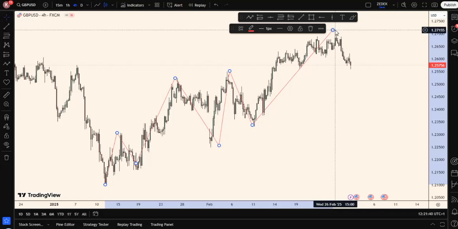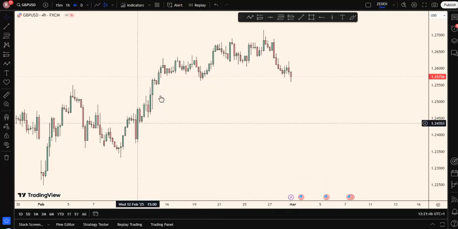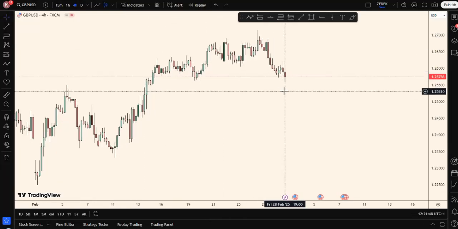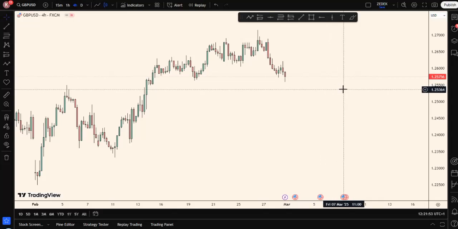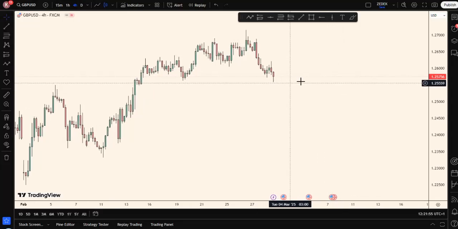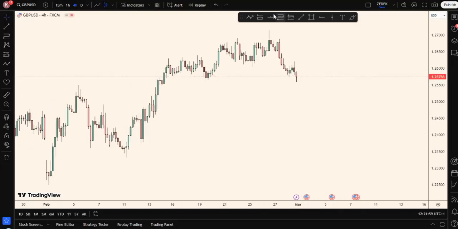So what I now want to do is that instead of taking this structure, I will look for smaller structures, because I believe from here, this is another Friday here, so this range is where I'll be looking to get positions for this coming week. So I would prefer to pick little structures like this.